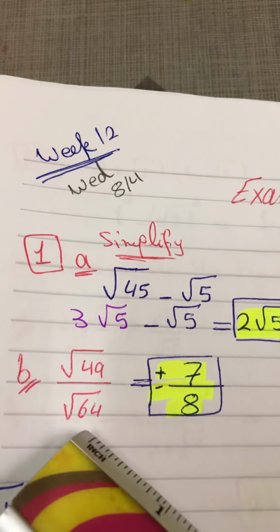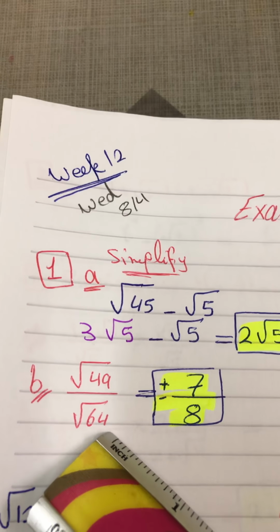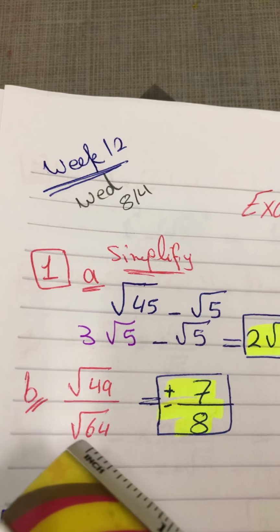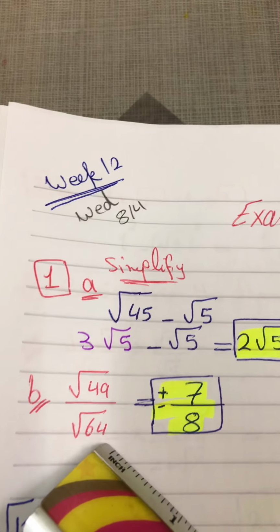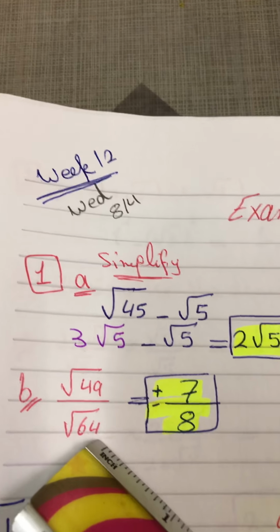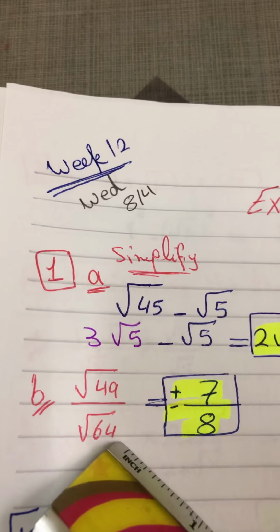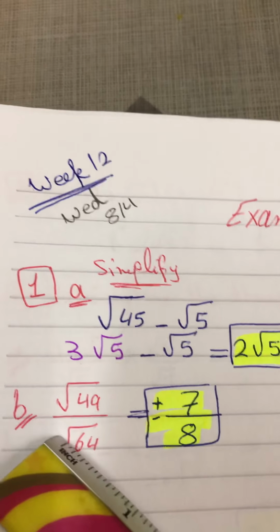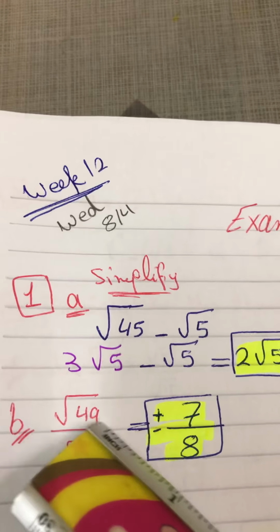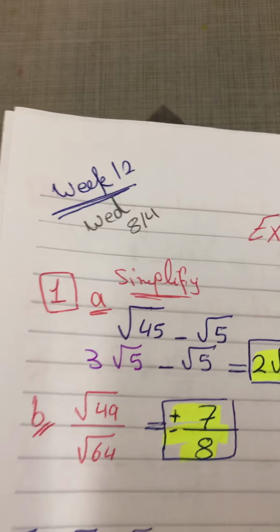Because to take the number outside the square root sign, you have to think about a factor of this number multiplied by itself, repeated multiplication. So here I have 8 multiplied by 8 or negative 8 multiplied by negative 8. I'll take one of them and cancel the square root. 49 may be 7 times 7 or negative 7 times negative 7, like this.